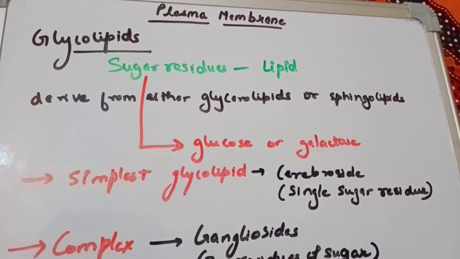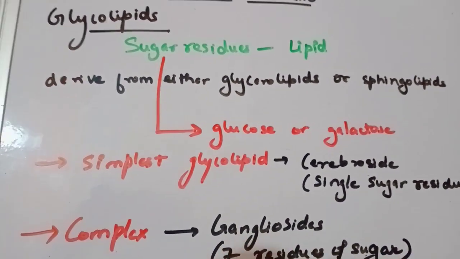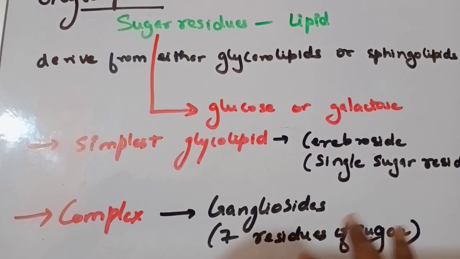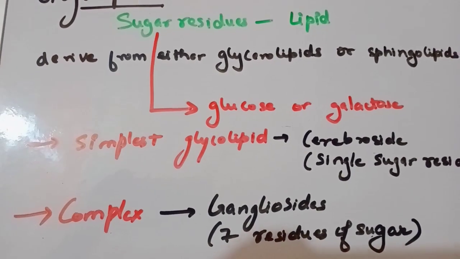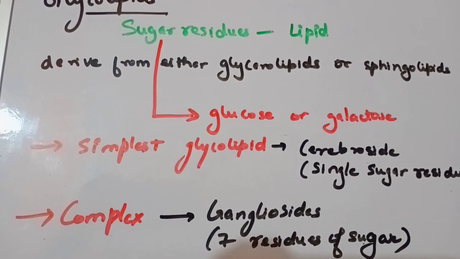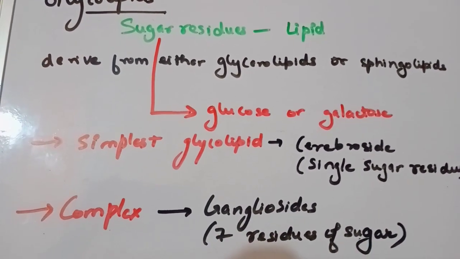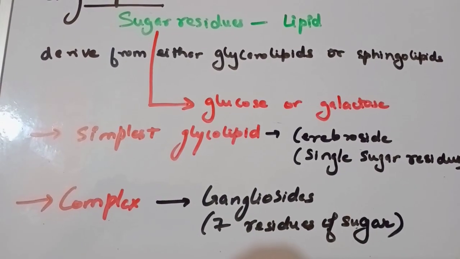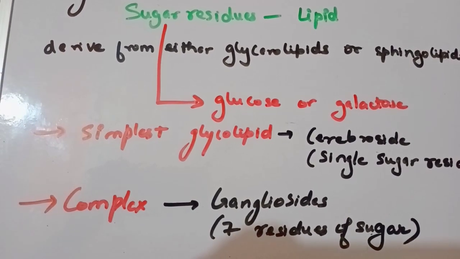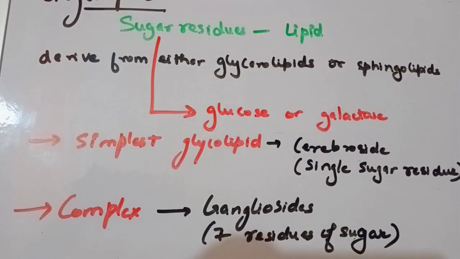There are two types of glycolipids, simple and complex. The simplest glycolipid is generally known as cerebroside, which contains a single sugar residue. The complex type of glycolipid is ganglioside, which contains 7 residues of sugar, and there is branching in the structure of ganglioside, which makes it more complex.